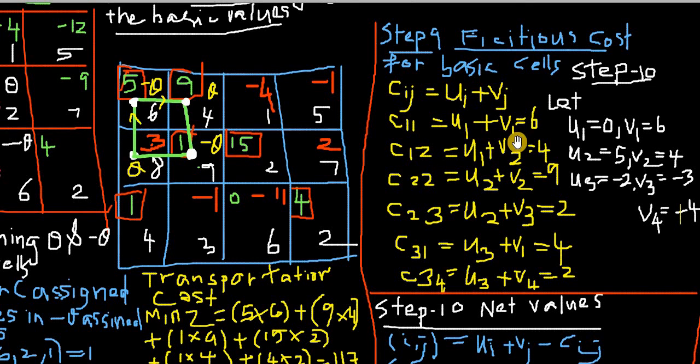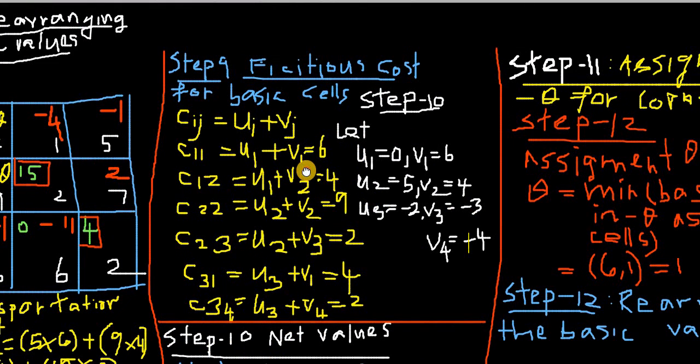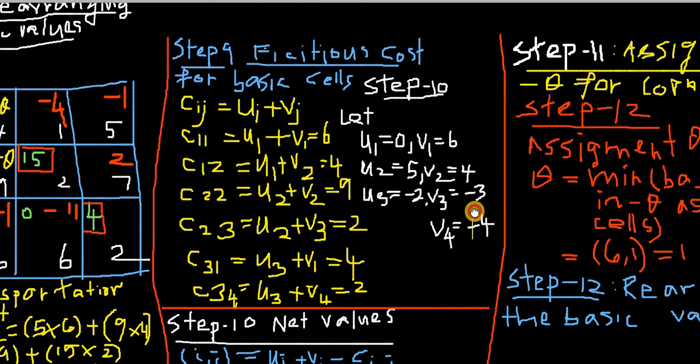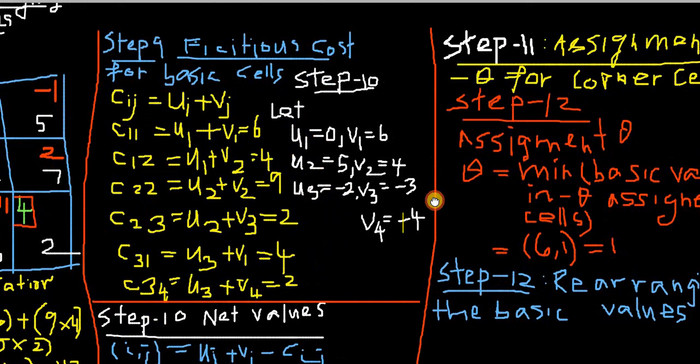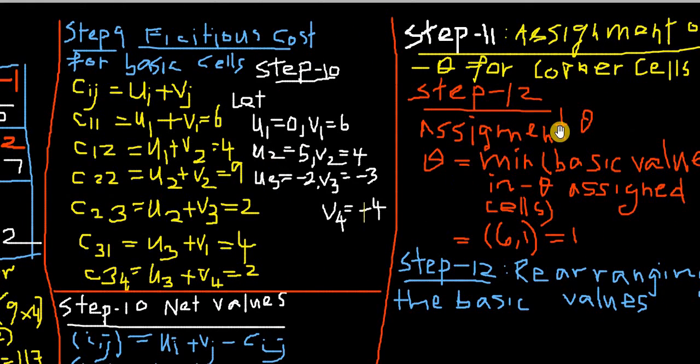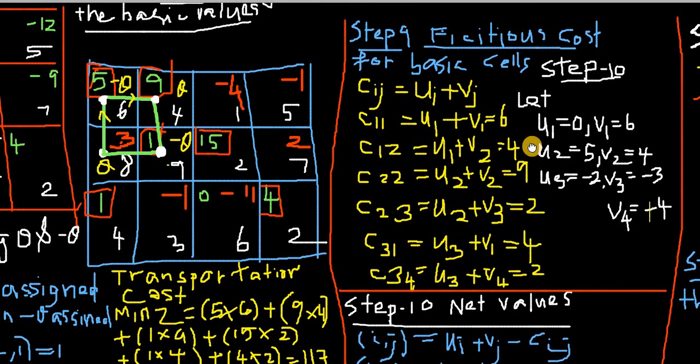Now, what is step number 12? We can assign theta and minus theta. We draw the loop and assign theta starting from the maximum positive net value.